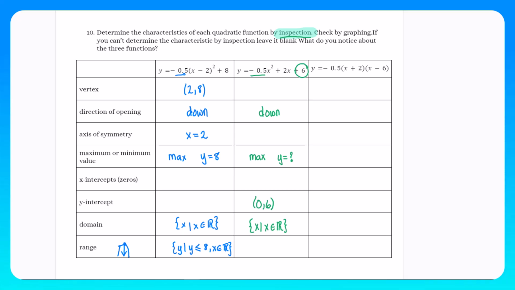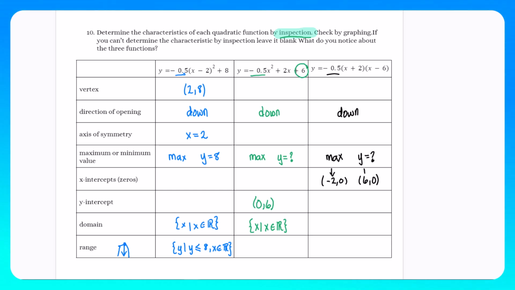And for the last one, in factored form, we can't tell the vertex, but just like the other two, we have negative 0.5, opening down. We do know that it has a max, sorry, but we would have to calculate the y, so we can't tell by inspection. We can tell, though, the x-intercepts. We know those, in this case, are (-2, 0) and (6, 0).